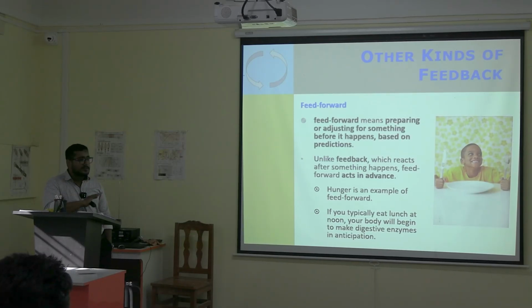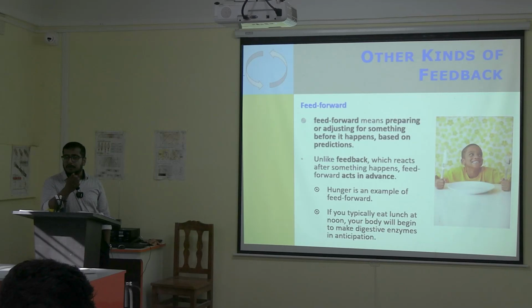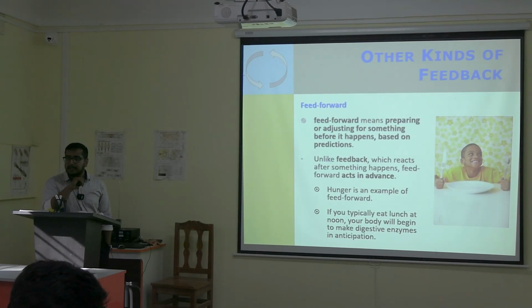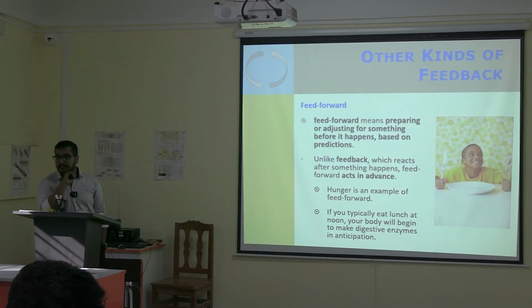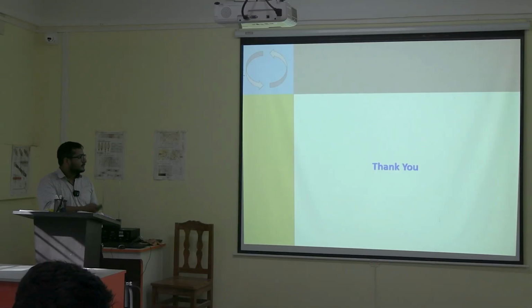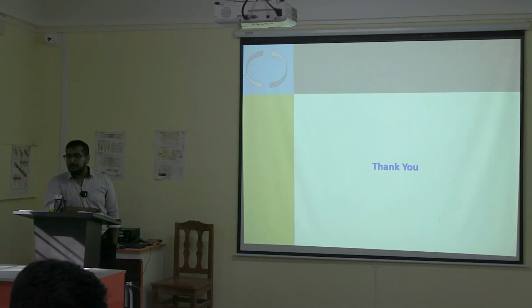And the feed forward system actually prepares the body for the changes that you are going to have. Like, imagine you always have food at 2. You will feel hungry at 2. The feeling of hunger is a feed forward system. Okay? That's all. Do you have any question?